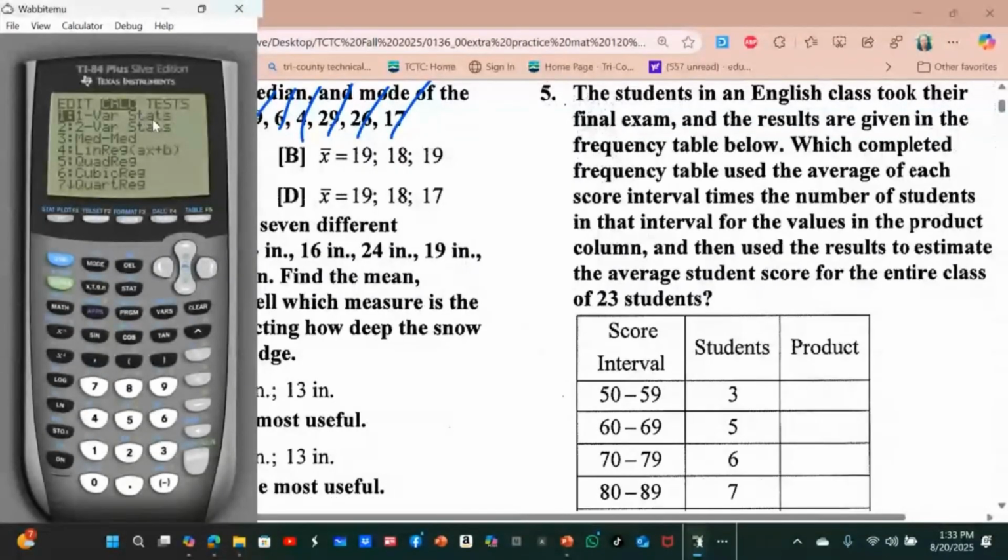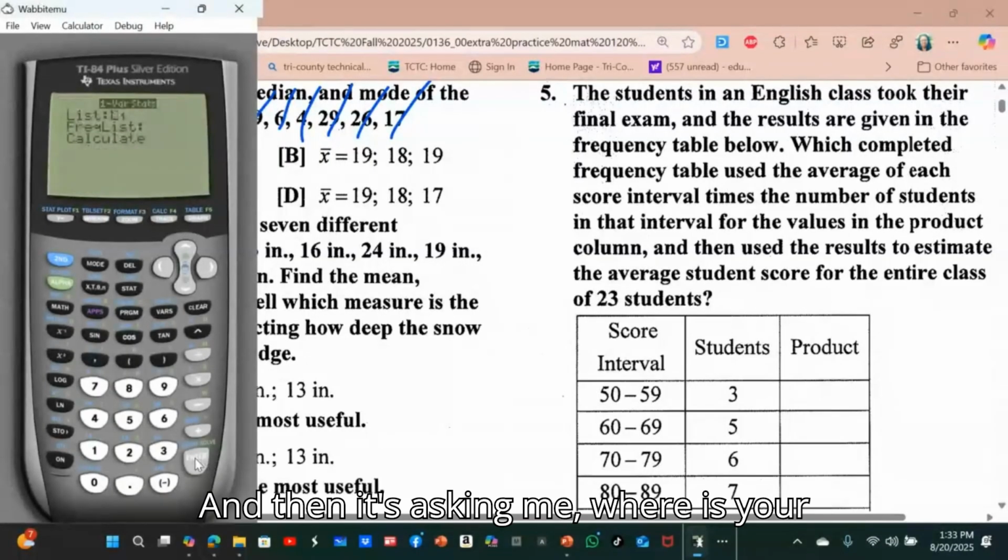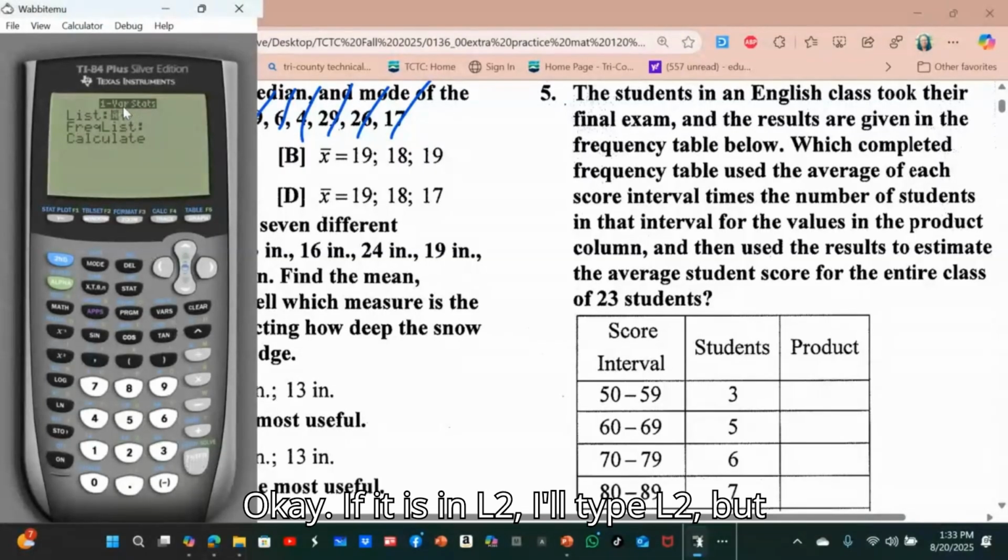Note that you can actually click enter or you arrow to 1, but it's already on 1. So I'll select, and then it's asking me where is your list? Out of the 6 lists, where is your list? My list is in L1. If it is in L2, I'll type L2, but it's in L1.